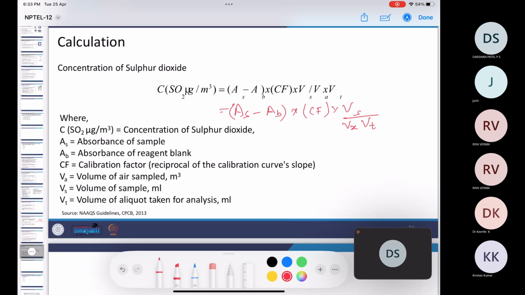So what are these values? As is your absorbance of the sample, and Ab is your absorbance of the reagent blank. Cf is your calibration factor, which is the reciprocal of the calibration curve slope.